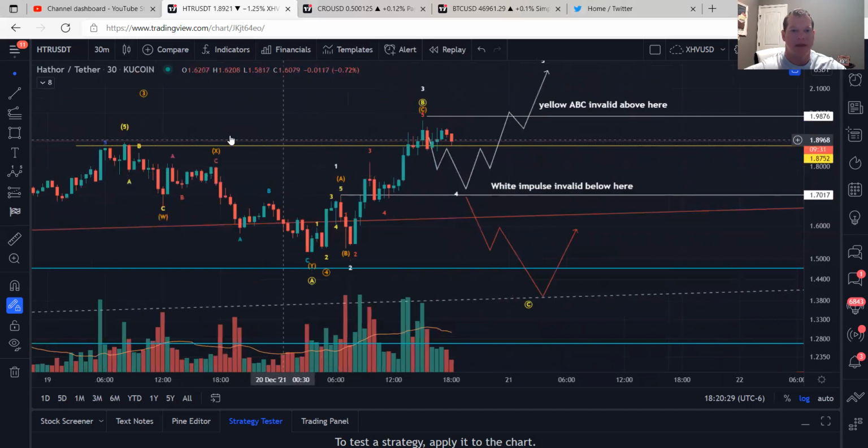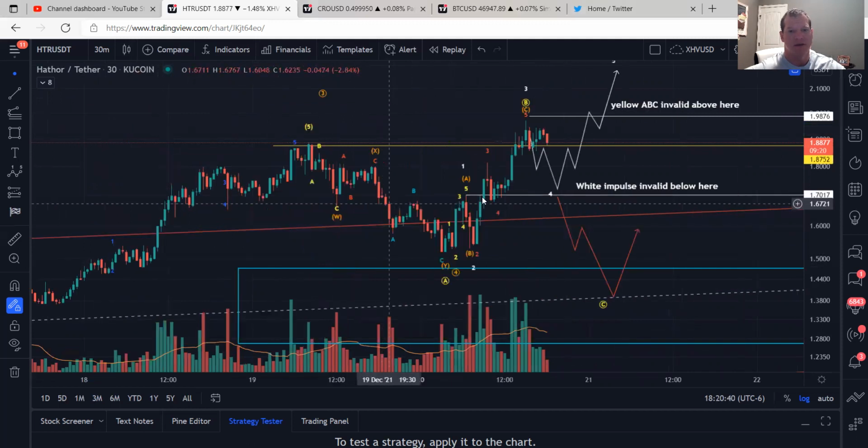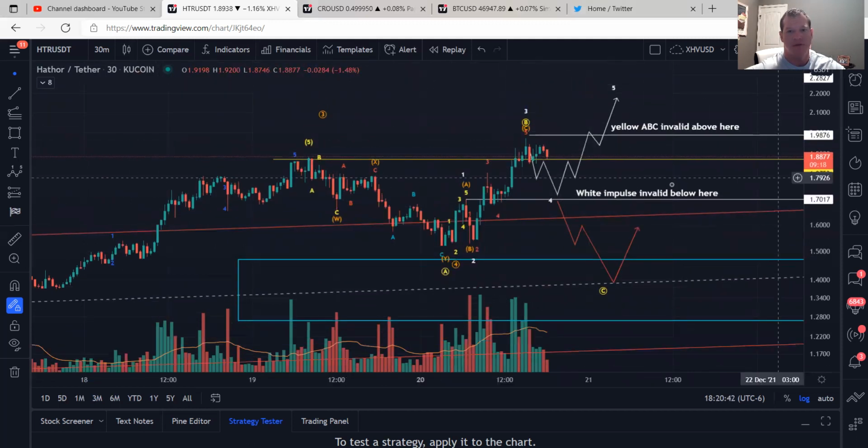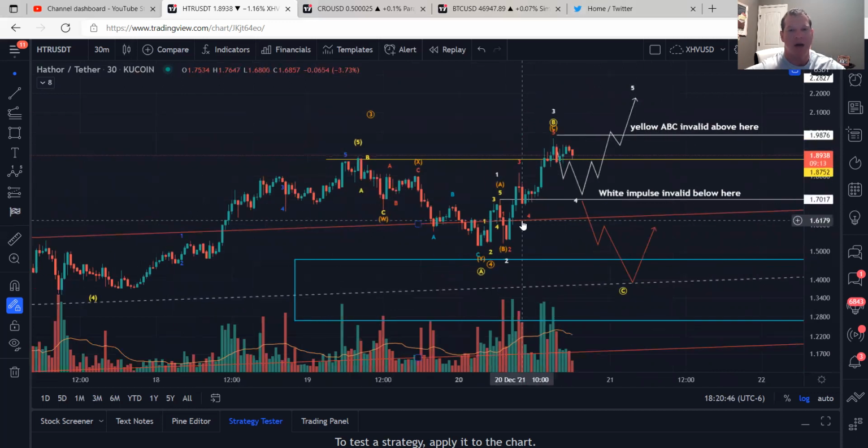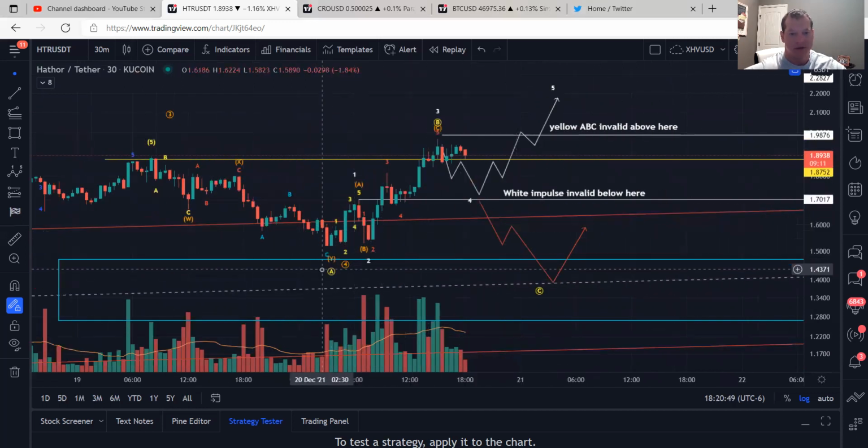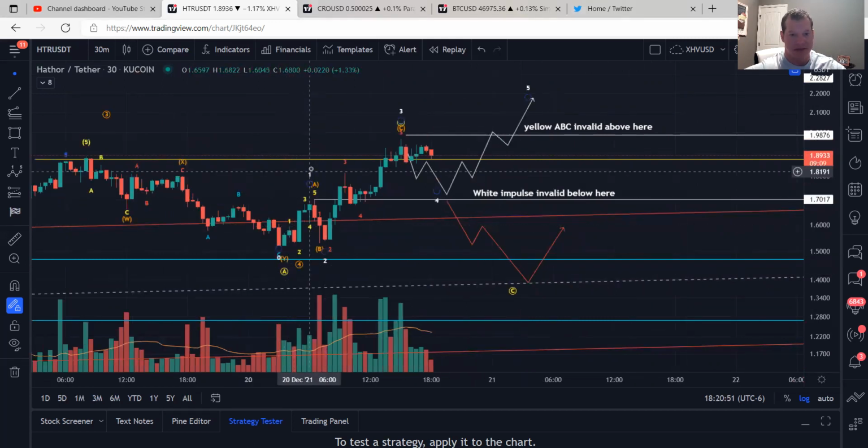So that's option 1: the micro 4 corrective wave is finished with this WXY, and we are impulsive again up to create our final 5th wave of our micro 1 of our macro 3. Again, that's the white count, the 1, 2, 3. We're at the top of our 3, and now we shall have a 4 wave correction down.